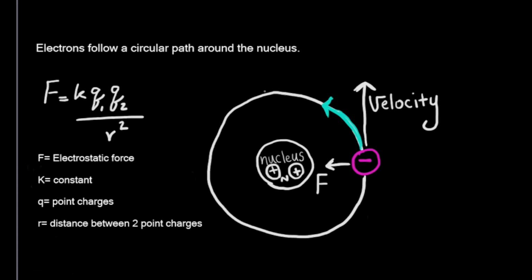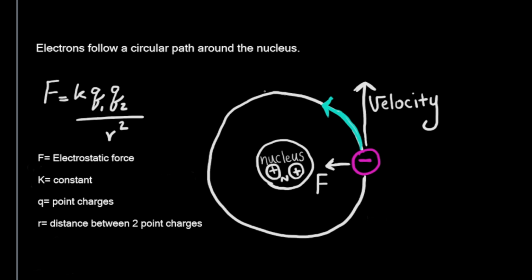Q1 and Q2 are both point charges. F is the electrostatic force, K is the constant, and R is the radius between 2 point charges. The electrostatic force between protons and electrons points toward the center of the atom. It points toward the nucleus.